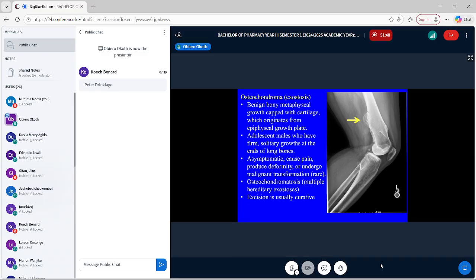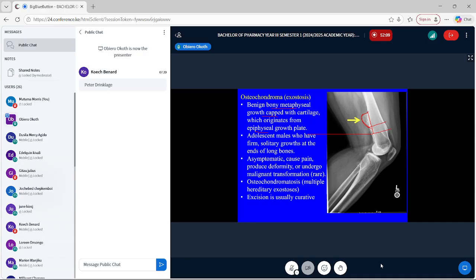Osteochondromas are normally what you call exostosis. They're basically protruding. This is the bone. If you see them like that, they're normally bony capped outgrowths. They originate from the epiphyseal plate, so normally around the epiphyseal plate.